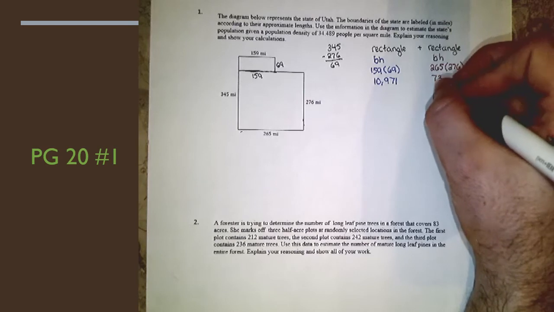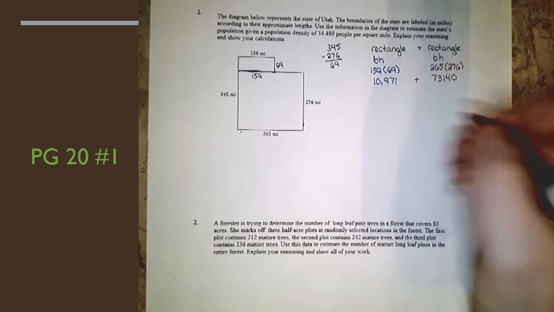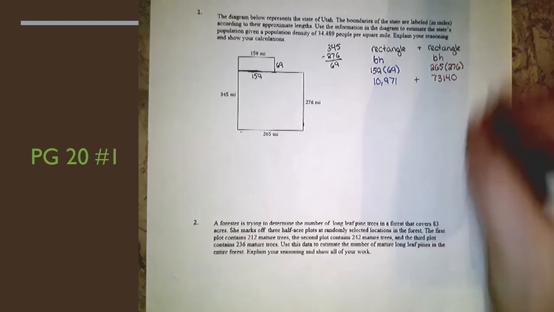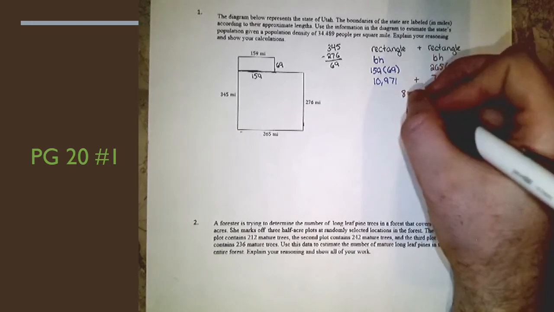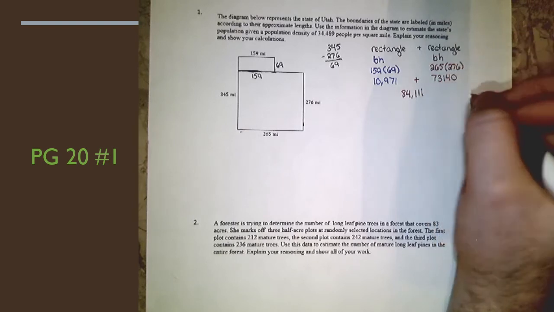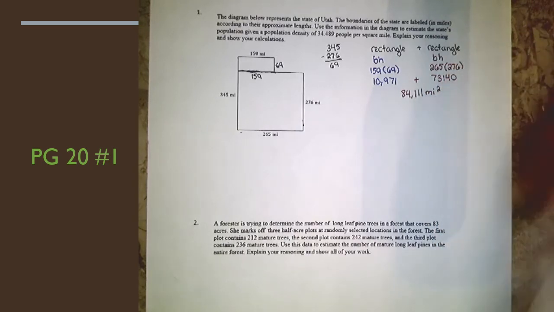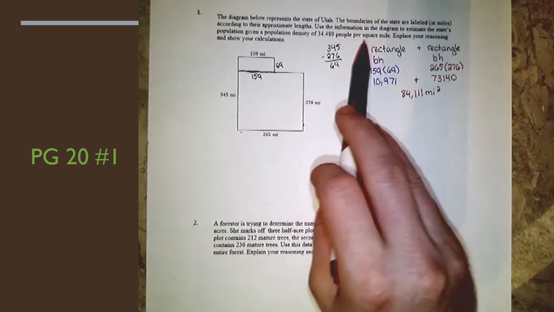When you multiply those together, you get 73,140. So these two have to add together to get the full area. So if I add them together, I get 84,111 miles squared. So now we have our square miles that they wanted.